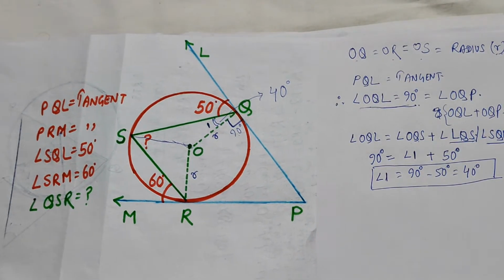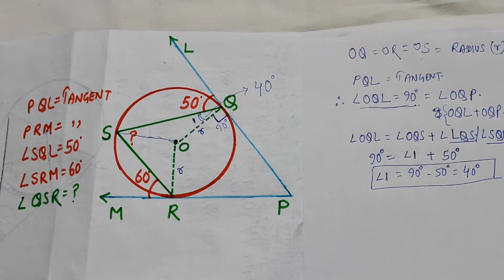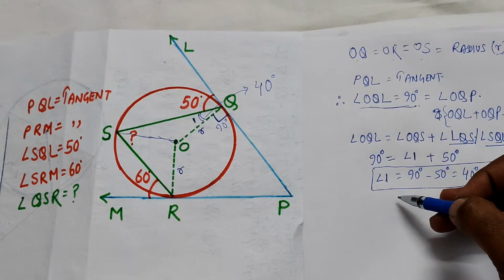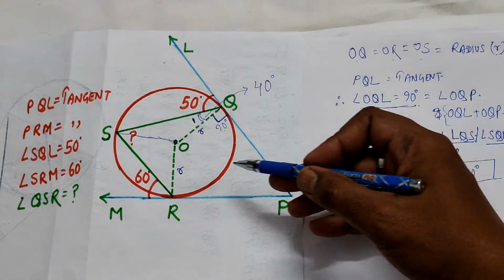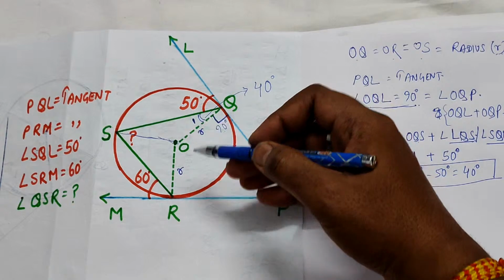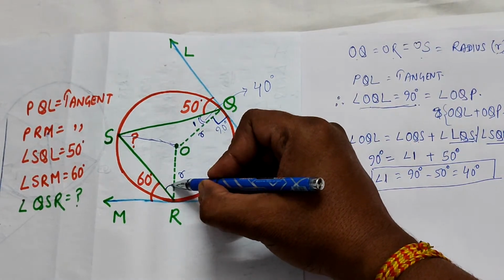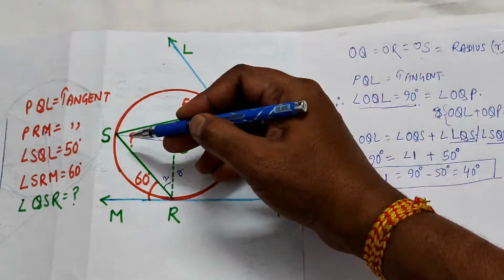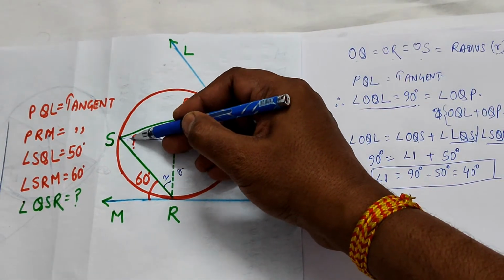Now, in the same fashion as we did for angle 1, let us assume this angle as angle 2, right? Now this time we are considering this triangle.